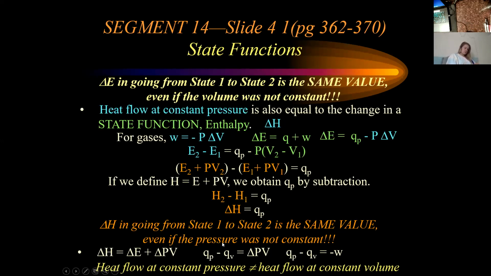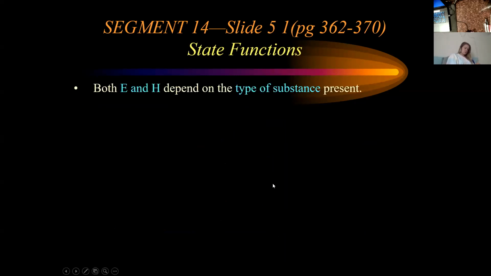So the heat flow at constant pressure is not generally equal to the heat flow at constant volume. It's often more negative. Okay. E and H both depend on the type of substance present. That is, if you've got gaseous water, liquid water, or solid water, all three of these would have a different value for both the E and the H within the sample, internal energy and enthalpy.